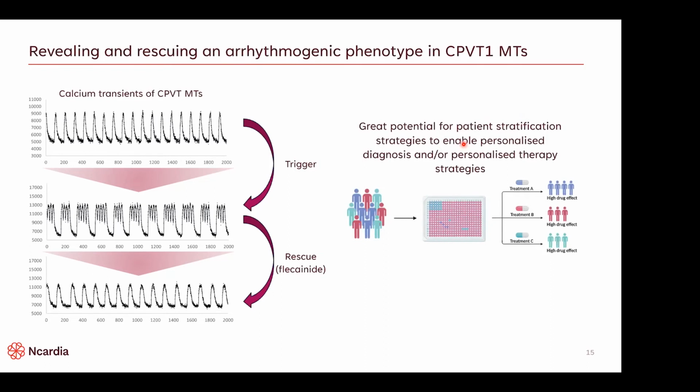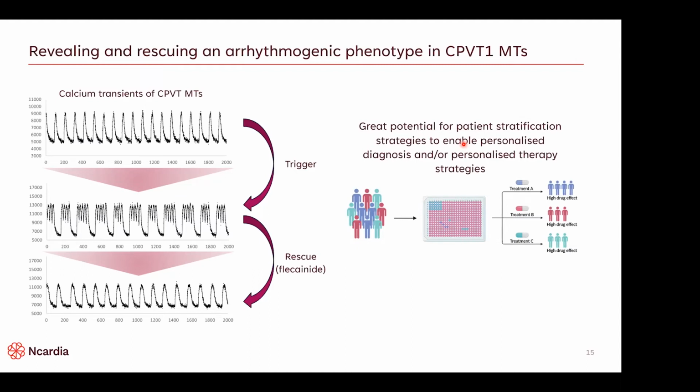So that's why we think that this kind of study really paves the way for personalized medicine and finally patient stratification strategies. Imagine having different patient lines showing severe or mild phenotypes in the clinic. How do they respond? How can we model them in the microtissues? How do they respond to flecainide or many other kinds of compounds?